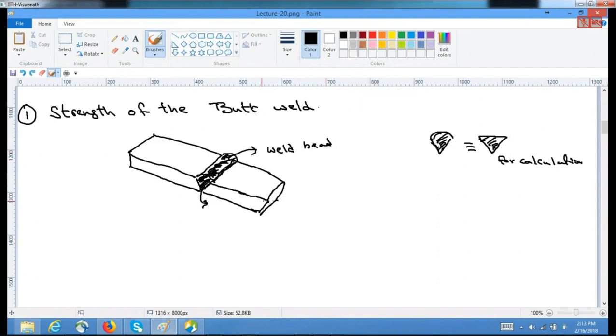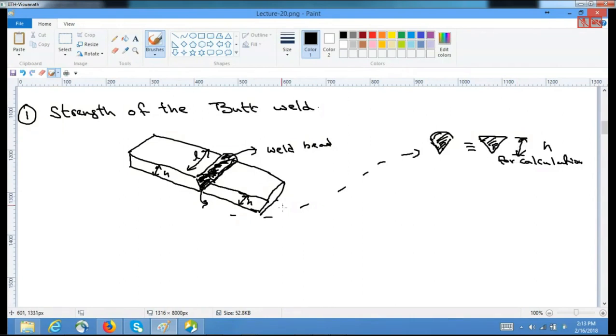This enlarged view is here. If you look at it, this is the length of the weld, and this is the height of the plate. Let's assume that both plates are of equal thickness, so the height would also be h.